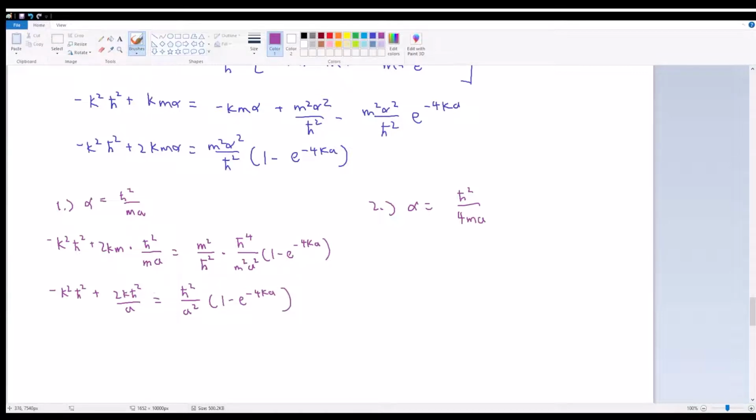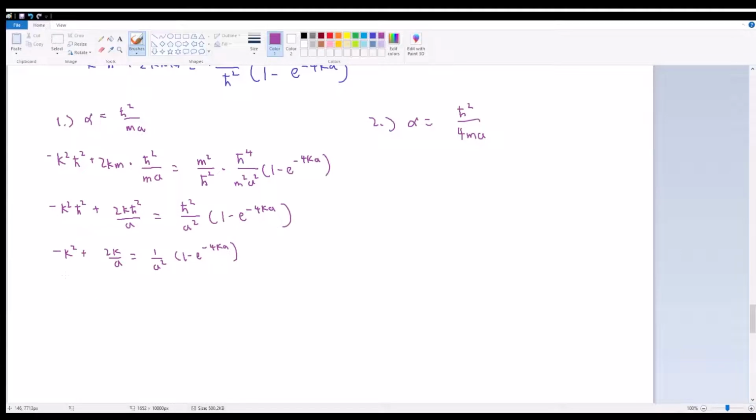Then we realize we can cancel out all the h bar squared, so we have negative k squared plus 2k over a is equal to 1 over a squared, 1 minus e to the negative 4ka. Or, if we want to move the a squared over to this side, then we have negative ka squared plus 2ka is equal to 1 minus e to the negative 4ka.